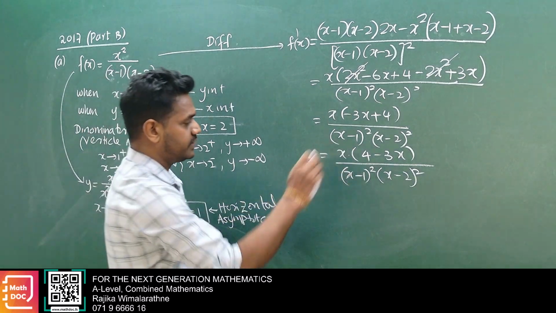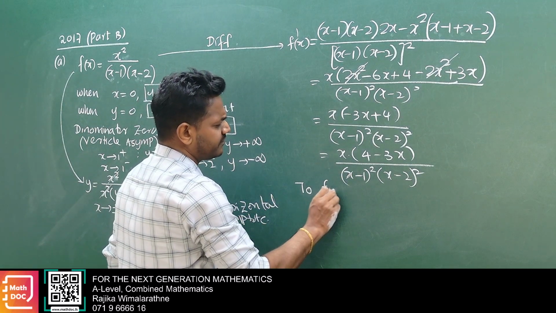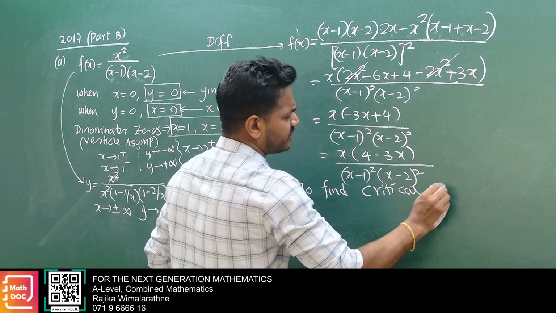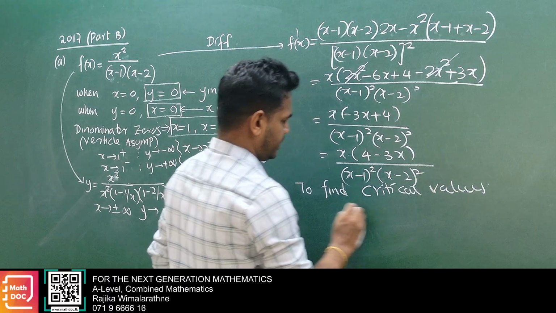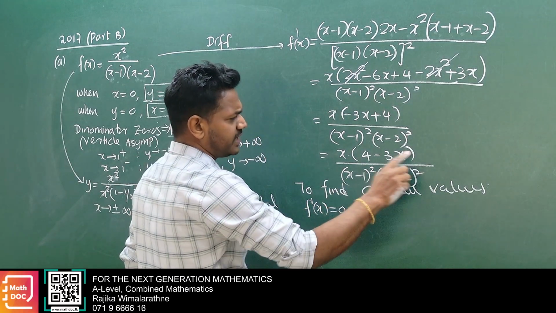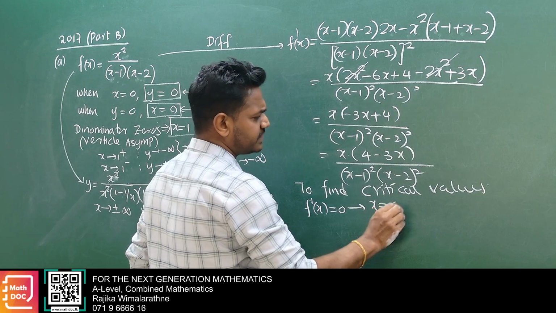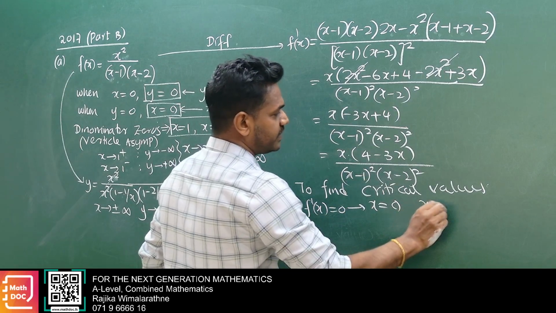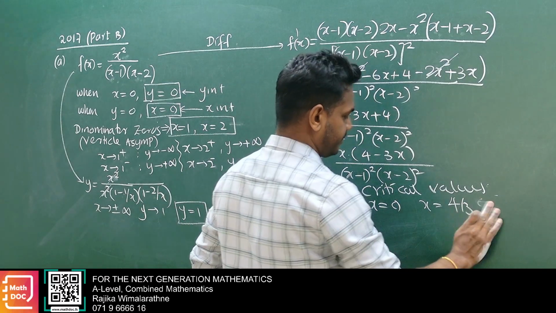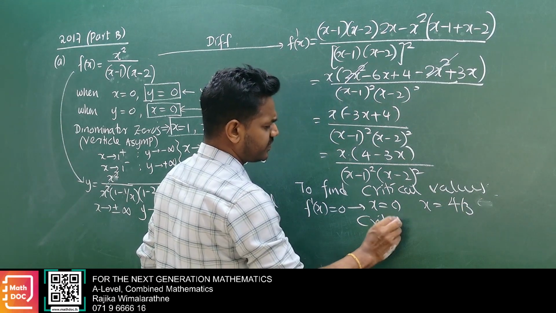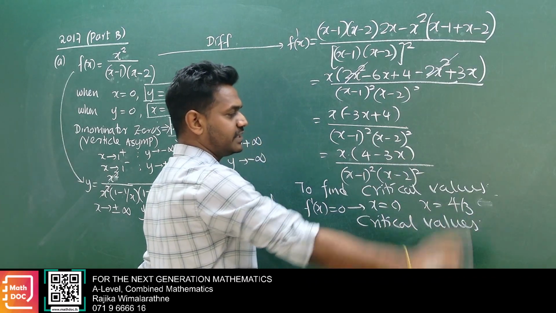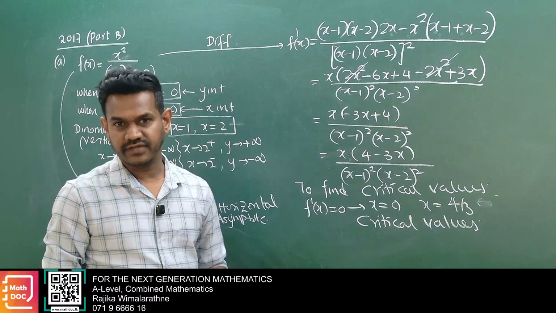Now to find critical values, take f dash x equal 0. Then we get x equals 0 and x equals 4/3. Here are the critical values. So the numerator zeros of the derivative will be critical values.